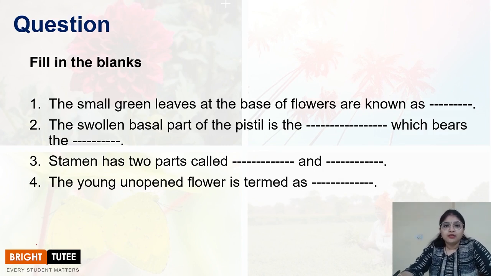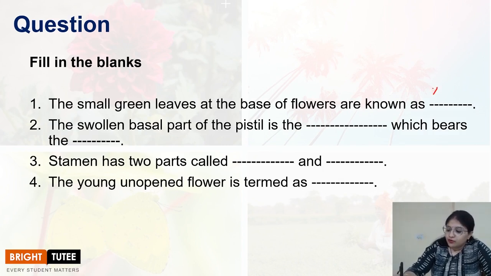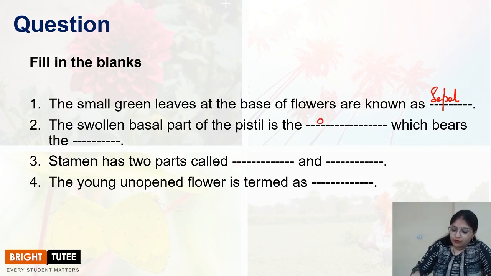Now let's fill in some blanks. The small green leaves at the base of a flower are known as sepals. These are the leaf-like structures of a flower. During the bud stage, they cover the flower, and when it blooms, they are found at the base of the flower. The swollen basal part of the pistil is the ovary, right?